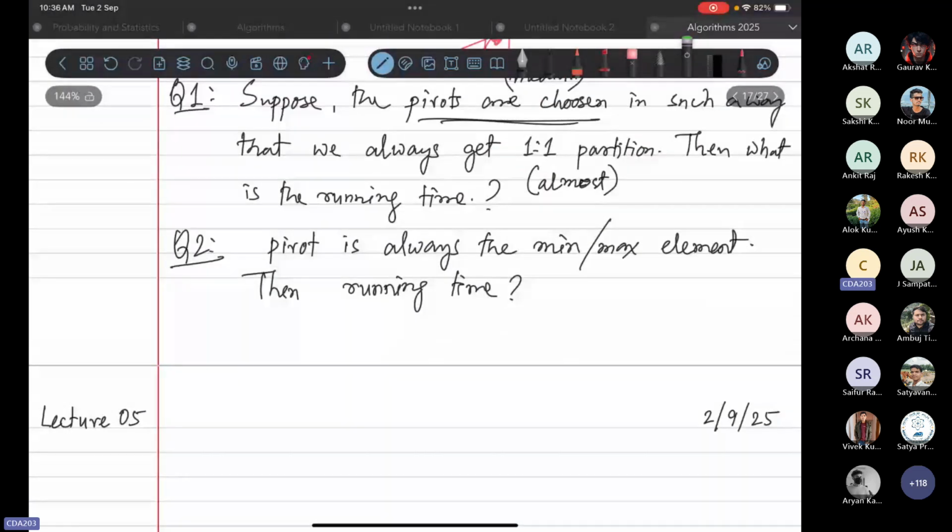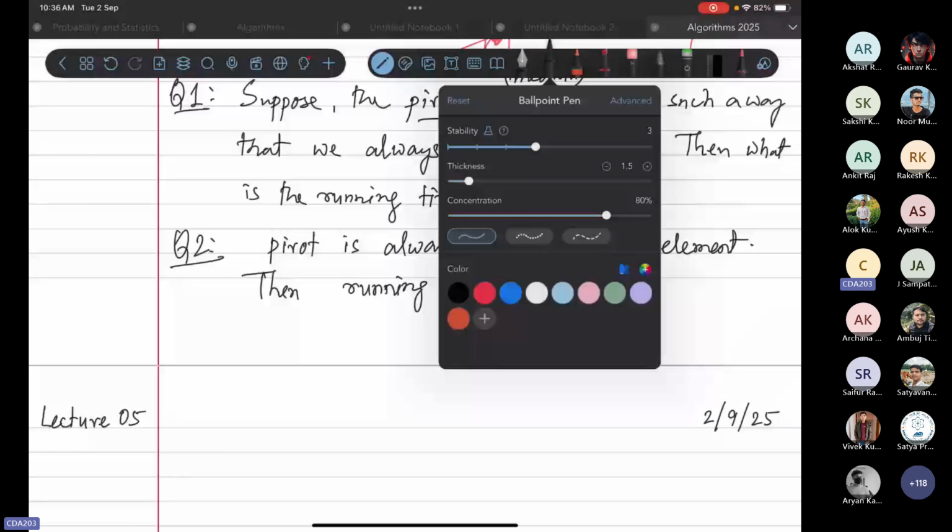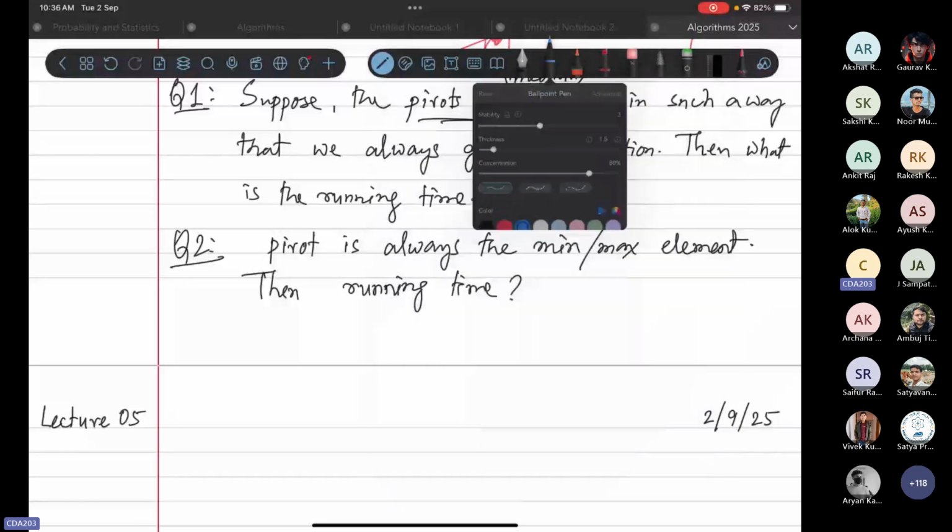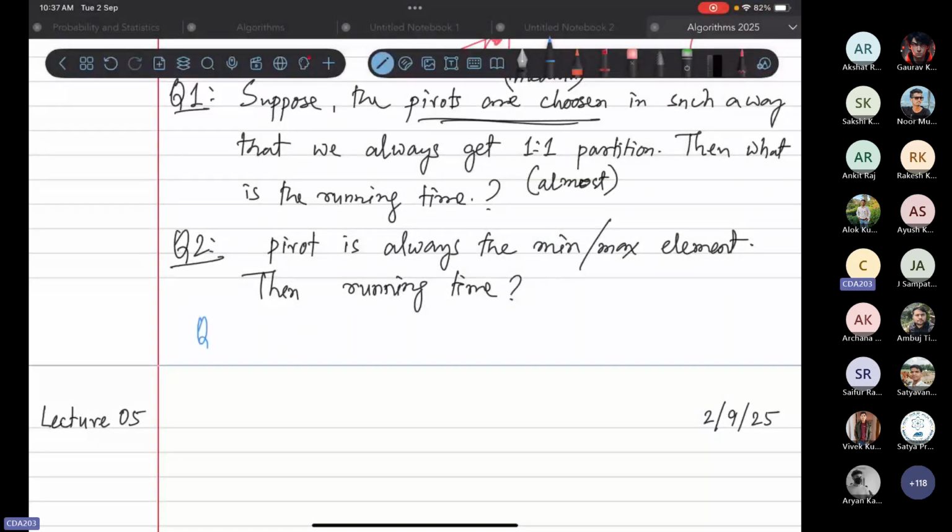One more thing was done: what if instead of having a 1:1 partition, we have a partition of 1:3? Actually, 1 is to 2, I think.